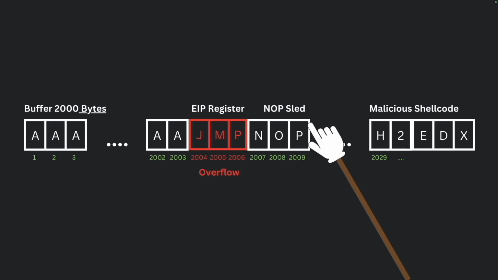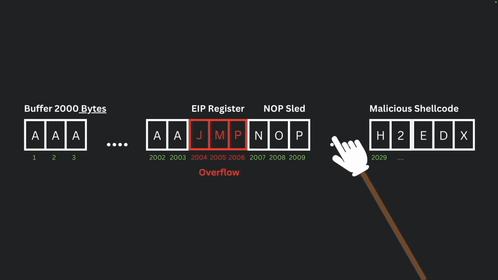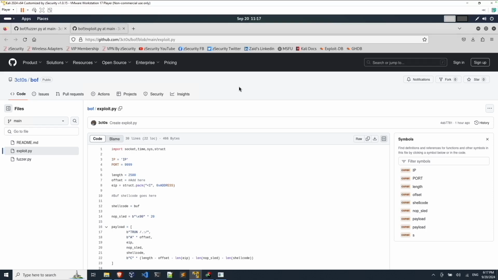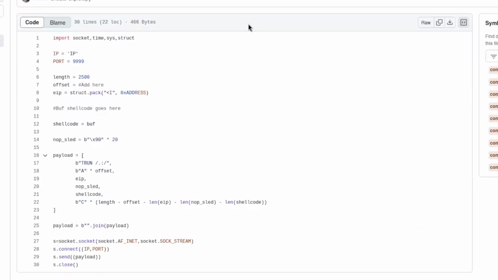The NOPSLED acts as a white space between our malicious code and the rest of the exploit. And finally, after the NOPSLED is done, we enter our malicious code, which is then executed by the CPU. So this is a high-level overview of what our exploit will do to the program's memory. Let's have a look at our exploit to get a better understanding of what's going to happen.